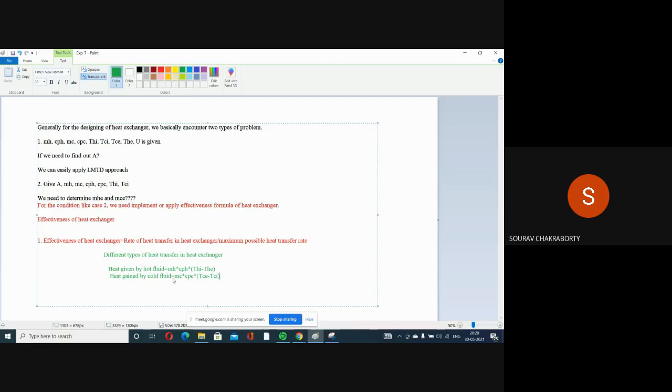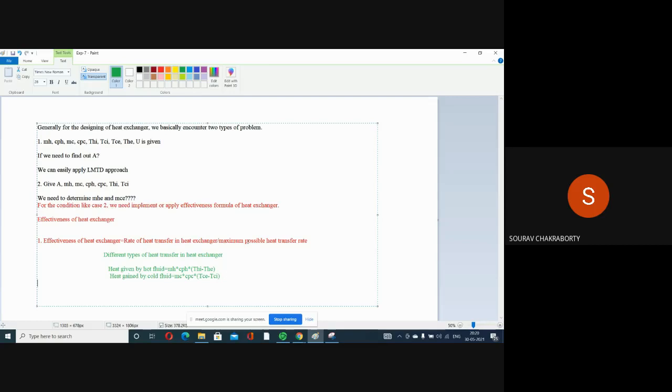As it gains heat from the hot fluid, its temperature increases. That's why the exit temperature of the cold fluid will be higher compared to the inlet temperature of the cold fluid. So these two expressions we know, and under ideal condition they will be equal. Then for the rate of heat transfer in heat exchanger we can write either expression, heat given by hot fluid or heat gained by cold fluid.